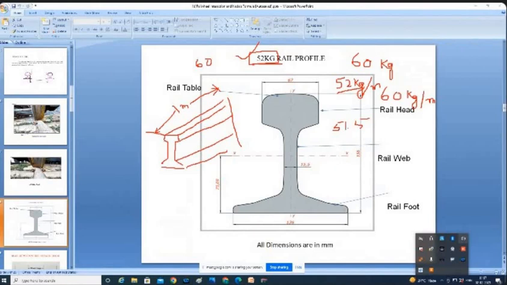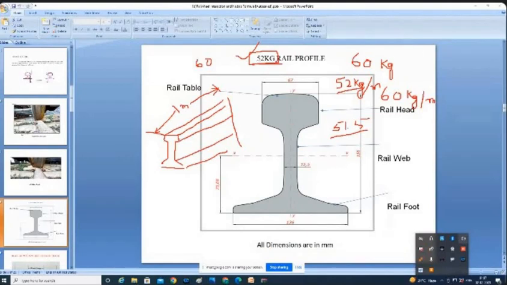In railways nowadays, the 52 kg per meter rails are vanishing. Why? Because the wagons and locomotives are new, we are getting new locomotives and new wagons, and the railways' motto has also changed because we want to run heavy loads on the rails.